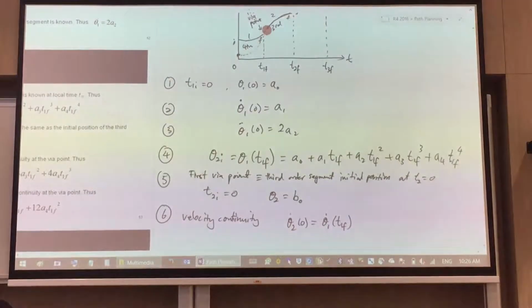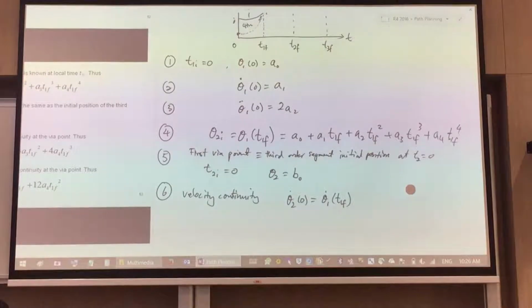So these two must match. If you substitute 0 into the velocity of your second segment, you get d1. Substitute T1F into your first segment, you get A1 plus 2A2 T1F plus 3A3 T1F squared plus 4A4 T1F cubed.